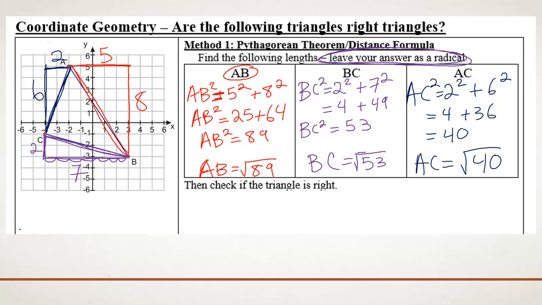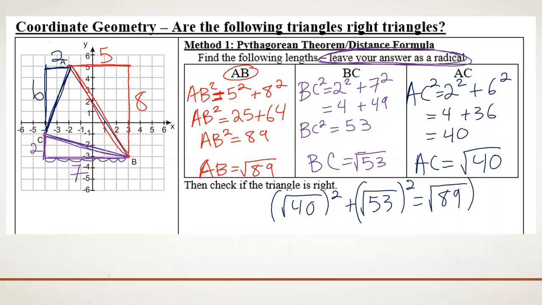And now we're going to say the smallest side, the square root of 40 squared, plus the square root of 53 squared, has to equal the square root of 89 squared. So we remember these cancel each other out. So we get 40 plus 53 equals 89.